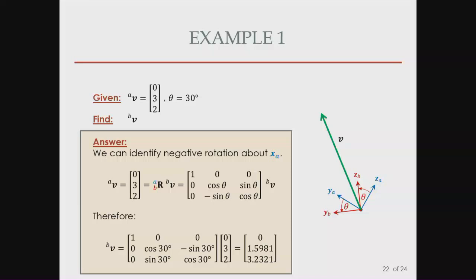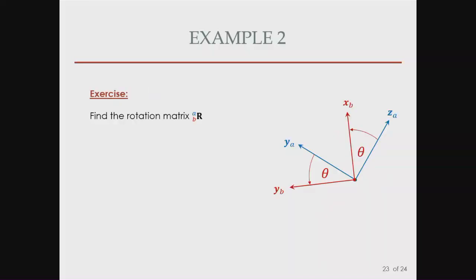Is it fine? Going to the next example, we have this case, and you need to calculate the rotation matrix from frame B to frame A. Is it one of the commonly used rotation matrices? No. Why?